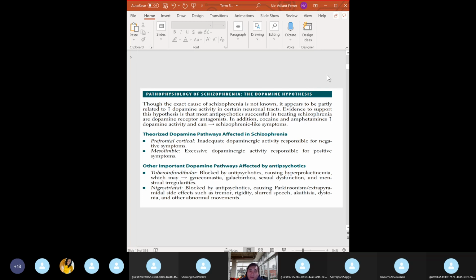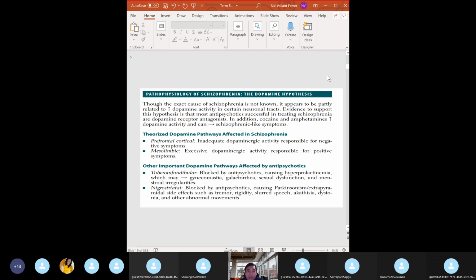What's the pathophys of schizophrenia? Again, the dopamine pathway is affected in schizo. Prefrontal cortical, inadequate dopaminergic activity, responsible for negative symptoms. Mesolimbic, excessive dopaminergic activity, responsible for positive symptoms. The tubero-infundibular pathway is also involved. Why? Antipsychotics block that pathway, causing what?